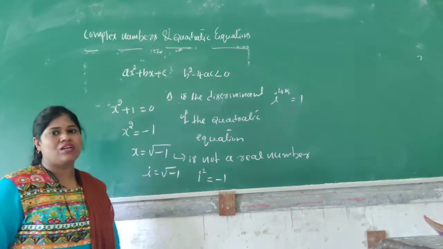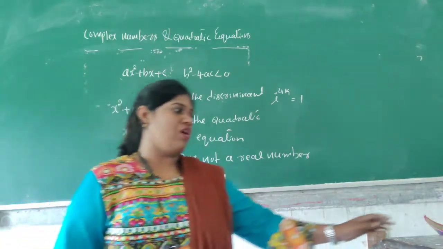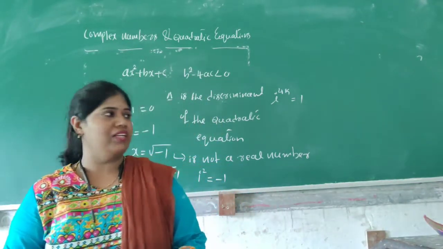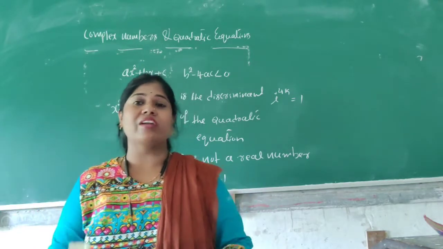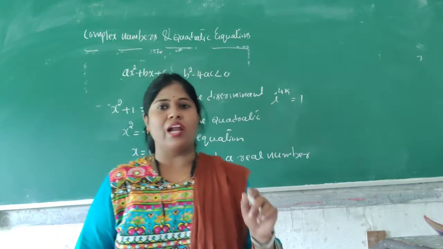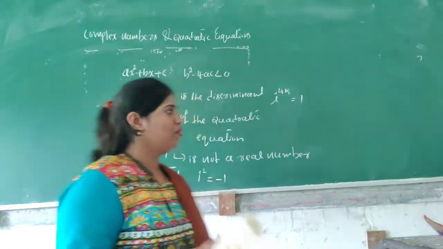So this is the complex number. A complex number is in the form x plus iy, where x and y are real numbers. x is the real part and y is the imaginary part.